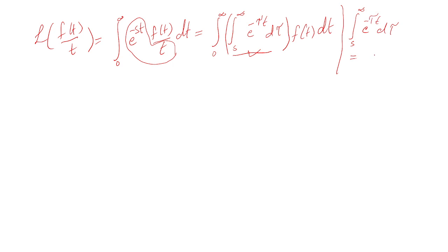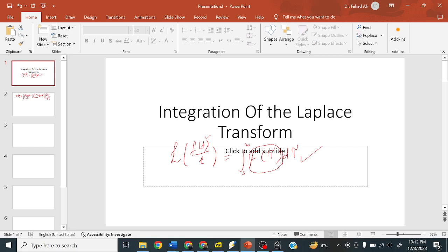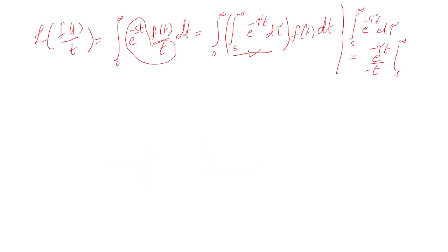When we integrate with respect to tau, this will be minus exponential minus tau t over minus t, from s to infinity. So this is equal to minus 0 on the upper limit, put tau infinity, so minus exponential minus infinity is 0, and plus e to the minus st over t.